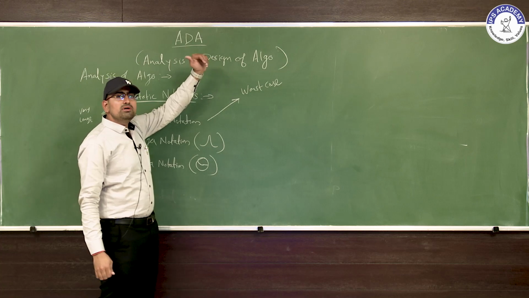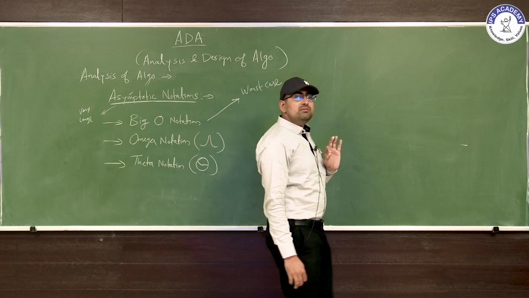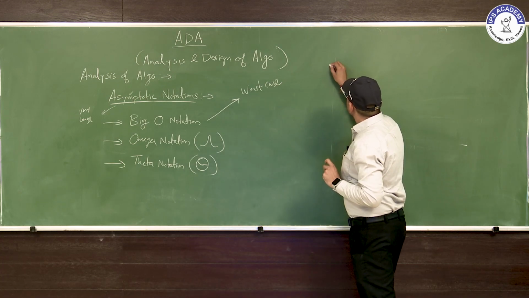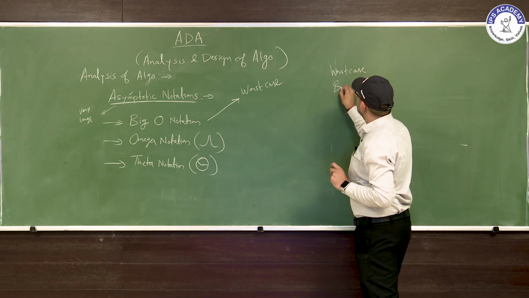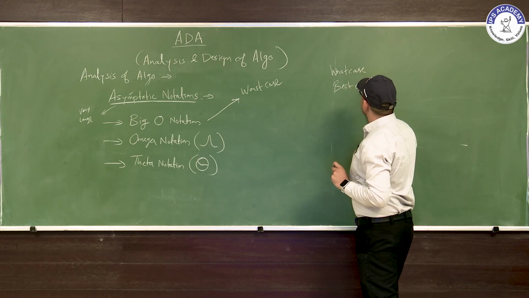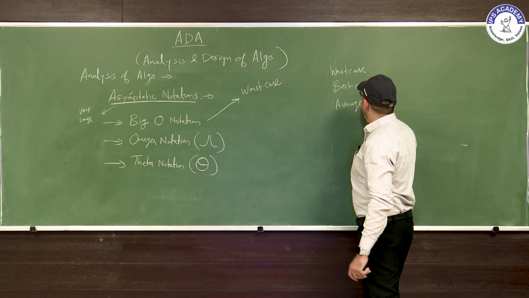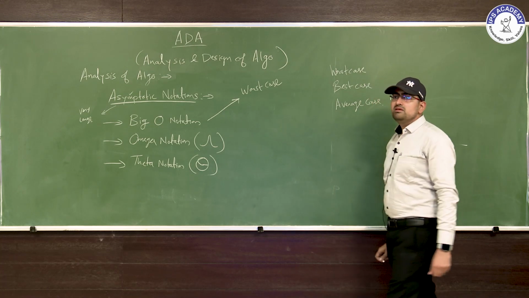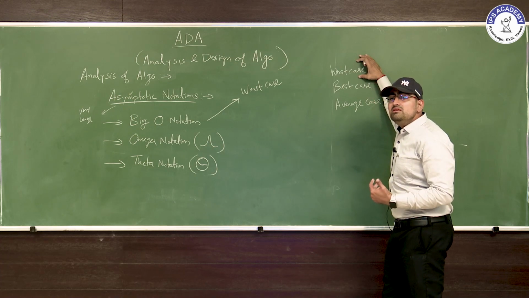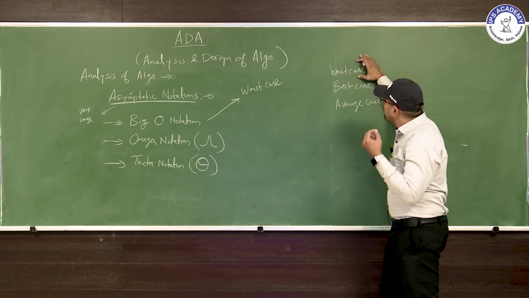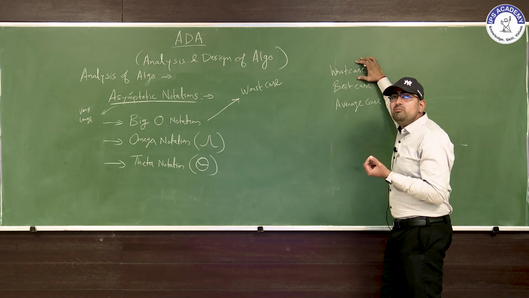You must be knowing about the worst case. First, we can discuss it. Any algorithm can have three cases: worst case, best case, and average case. That means for different inputs, for some set of inputs, the algorithm may perform worst.